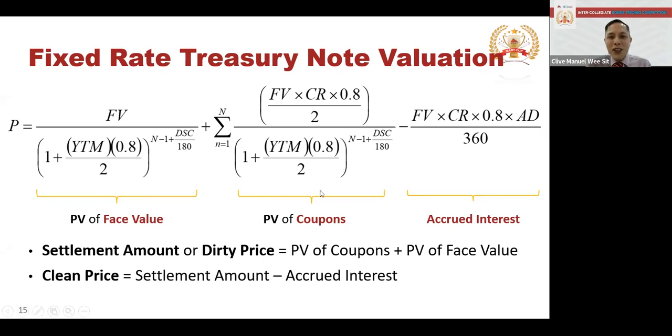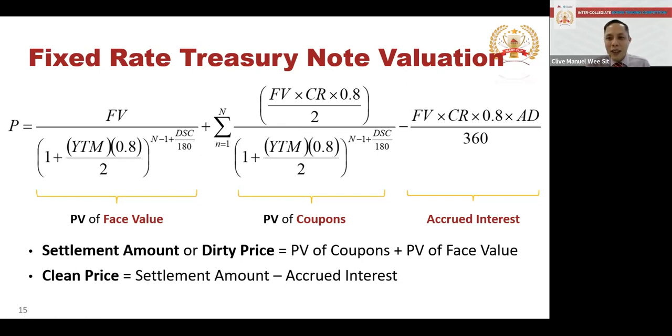Now, this is nothing but your usual bond valuation formula, right? Remember, in our time value of money discussions in our basic finance subjects in college, we were taught how to compute the present value of a bond as well as the future value of a bond, right? Now, this is basically just your present value formula, but it has been tweaked to be specific to the Philippine case.